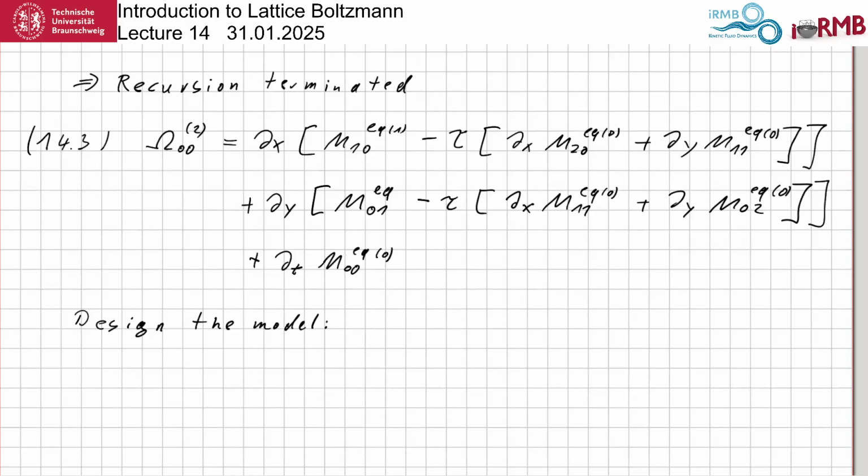So we decide that M0, 0, which we have identified with our concentration, is conserved. So M0, 0 equilibrium is M0, 0.